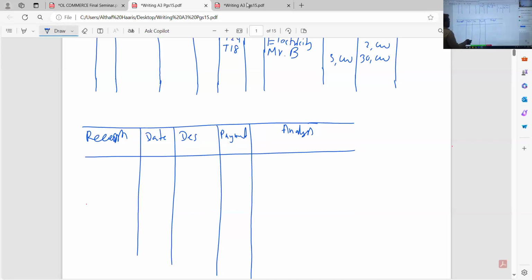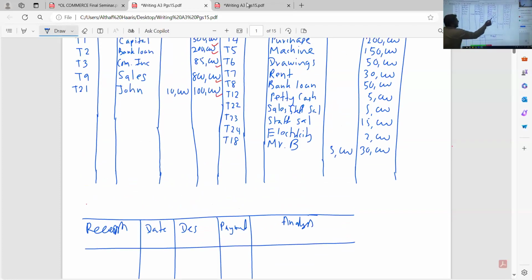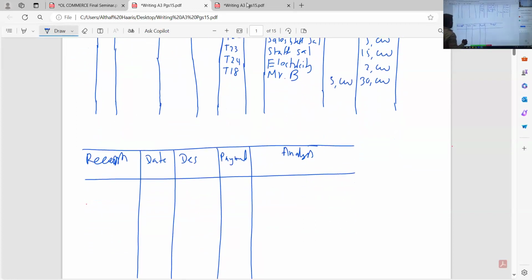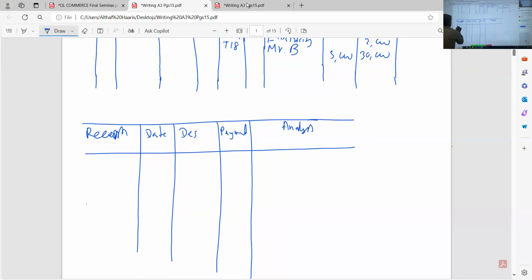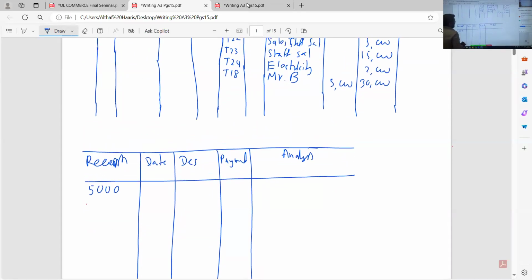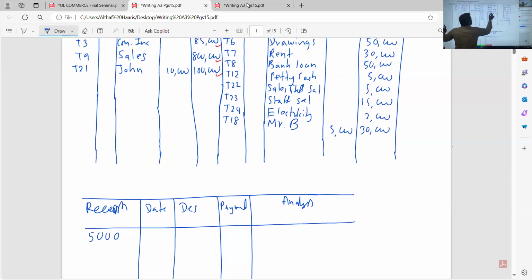So now I am recording the petty cash one. Here it is credit. For the petty cash book, it is debit. 5,000. What is the date? T12. Date is T12, from the cash book.